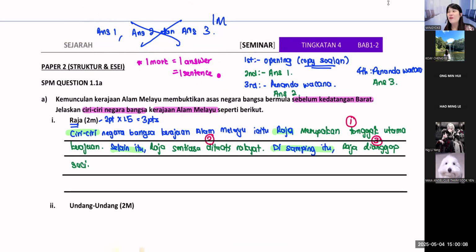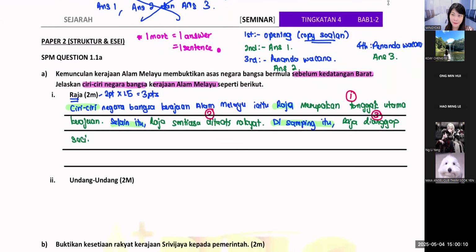All right. So first of all, when you do your structure question, guys, for example, here they say kemunculan kerajaan alam Melayu membuktikan asas negara bangsa bermula sebelum kedatangan Barat. Ciri-ciri negara bangsa kerajaan alam Melayu. So what you need to do is, first, look here on the screen.